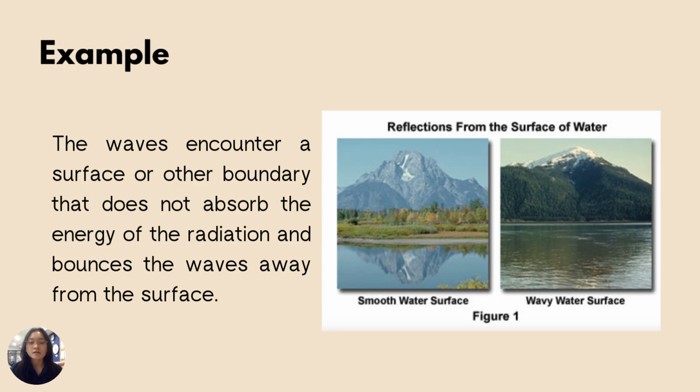But on the other hand, in the picture on the right side, because the water is not as still, the mountains look not as visible because the light reflection is being scattered, as it is being reflected off a rough surface.